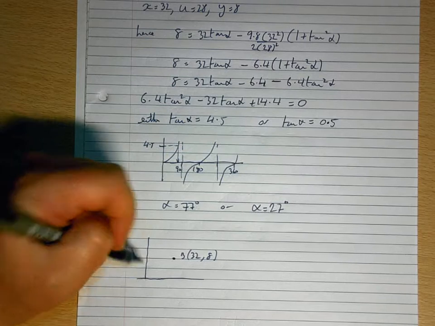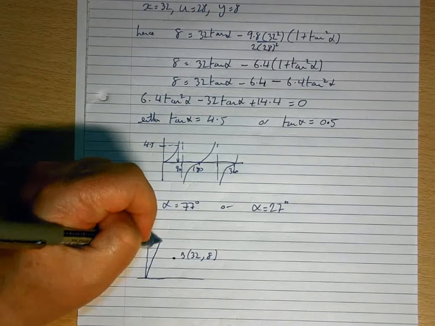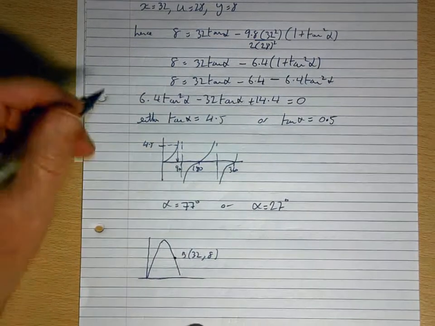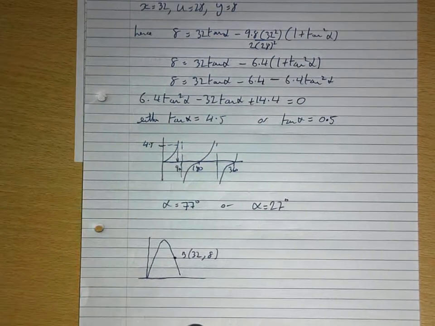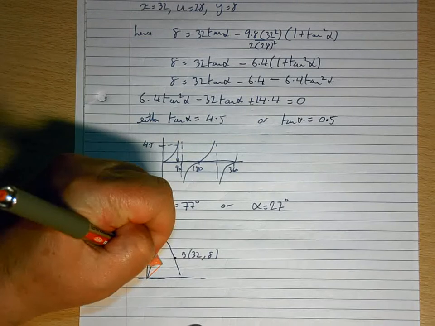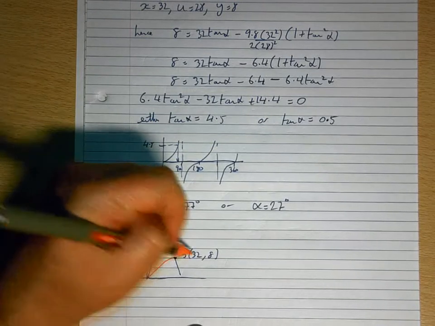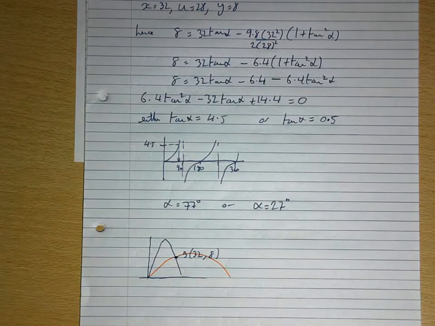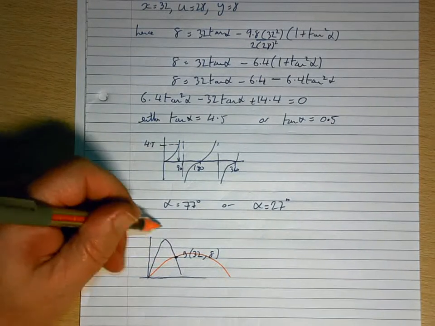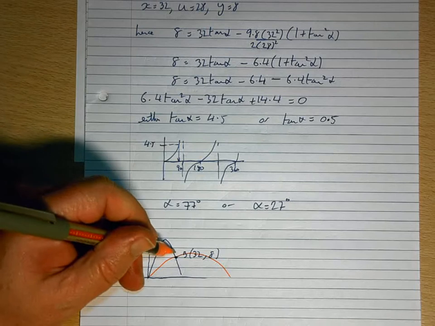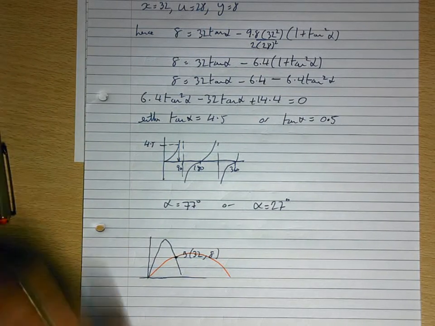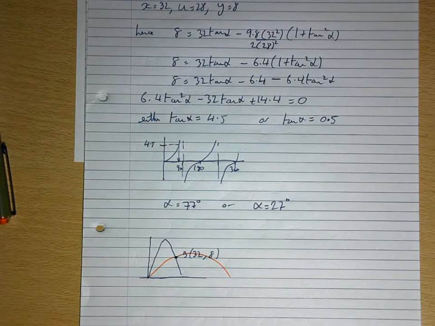It's either going to climb steeply at 77 degrees and come back down like that, or it's going to be a much less steep projectile, and rather than hitting it on the way back down, it'll be rising to meet it and then going above it. So that's a real A-level standard question there.